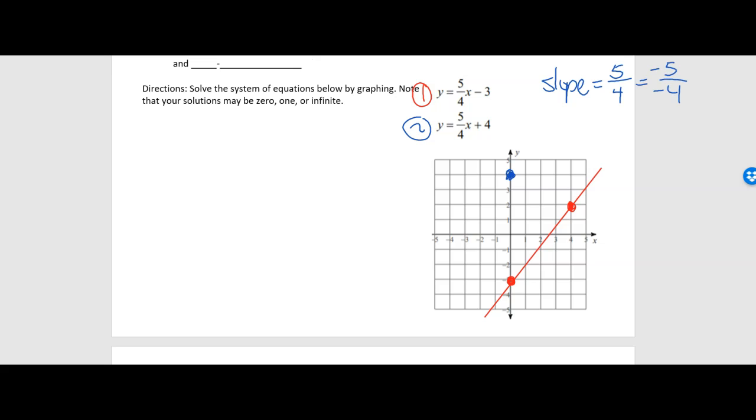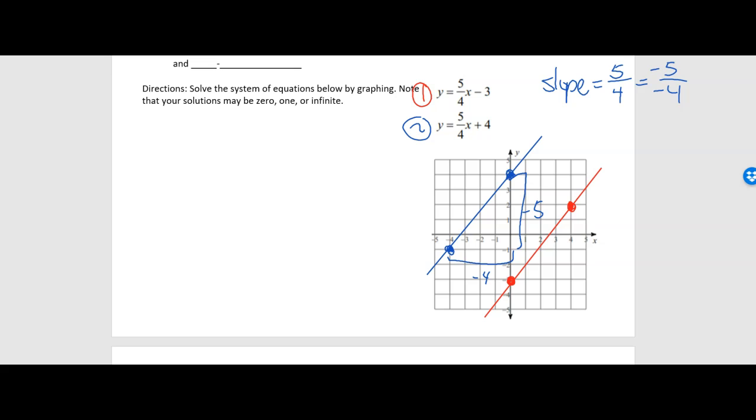Because if I divide two negatives together, it'll become a positive. So if I don't have room on my graph to travel up 5 and to the right 4, I could go down 5 and to the left 4, and it would be the same. I'm going to get the same line as if I went up 5 and to the right 4.